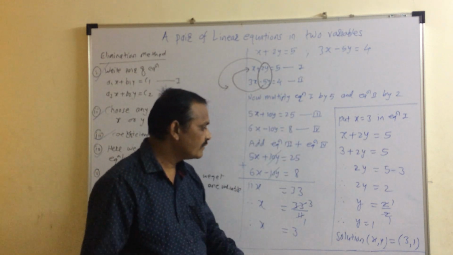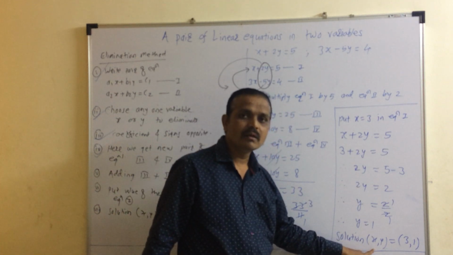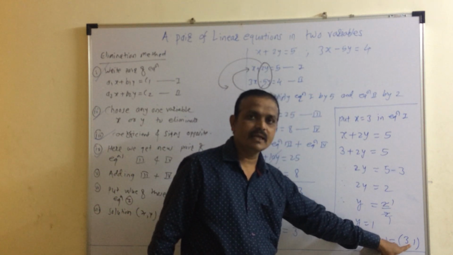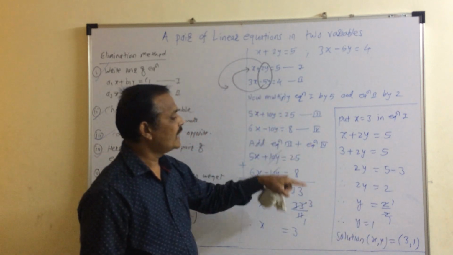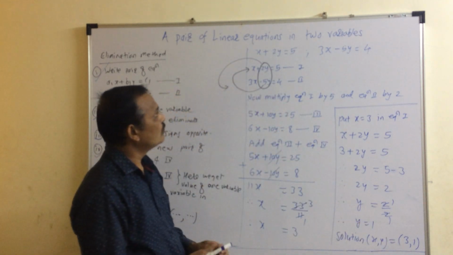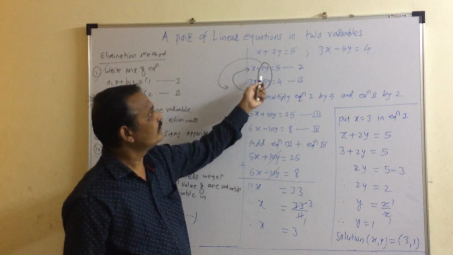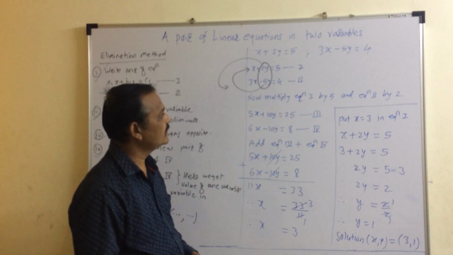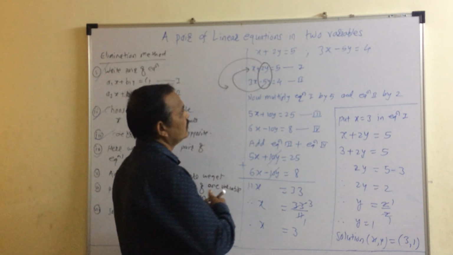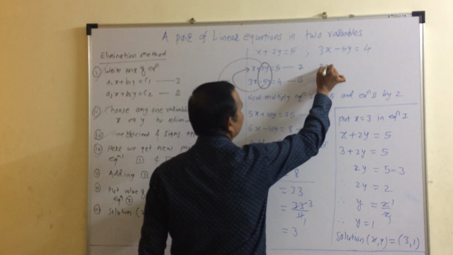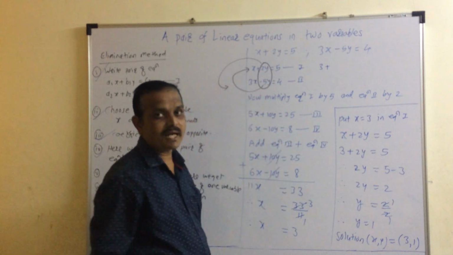Now students can verify this solution by putting the values of x and y, that is, x is equal to 3 and y is equal to 1, in equation first. As we clearly see here, the value of x is 3, plus 2 times y.